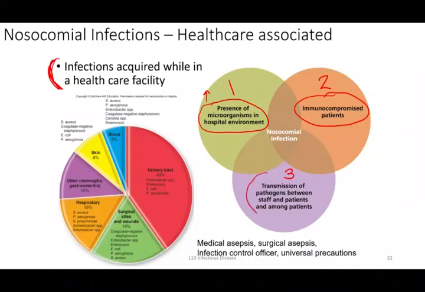And then, of course, you have staff that are moving between these different populations and potentially serve as that passive carrier between these different groups. And so we see a variety of infections. This is not to memorize, but it shows different types of infections, from respiratory to surgical sites to urinary and blood, etc. There's a variety of known microorganisms that are the cause of healthcare associated infections.